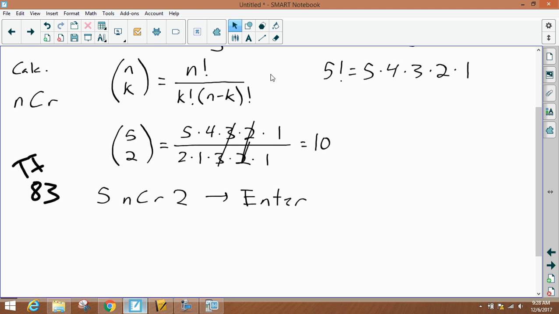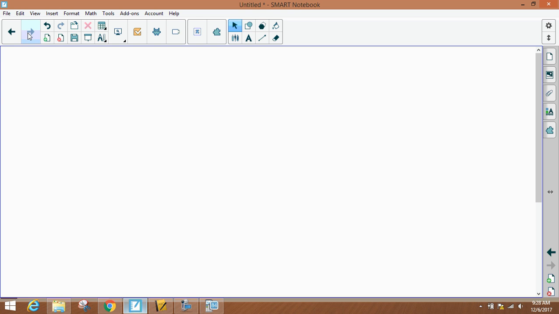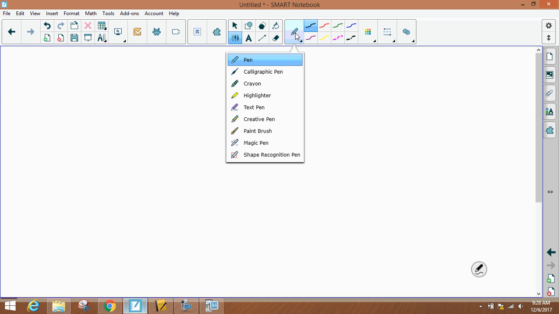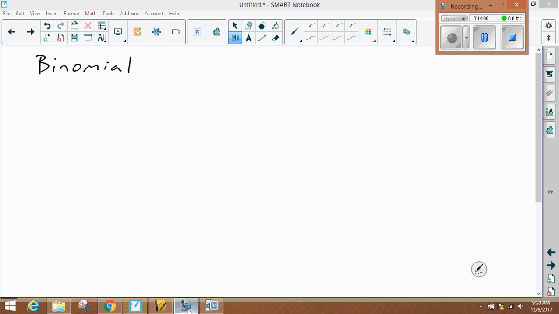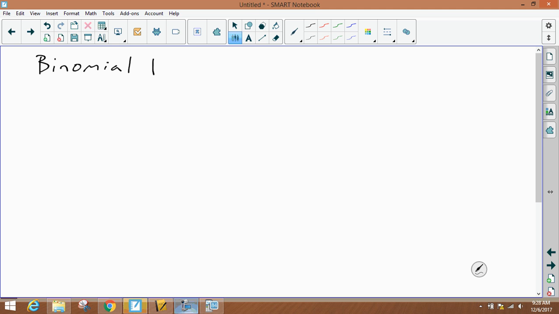So let's go ahead and apply this, or let's actually first get another formula in there, and then we'll find the application. Okay. So our binomial probability formula looks like this.